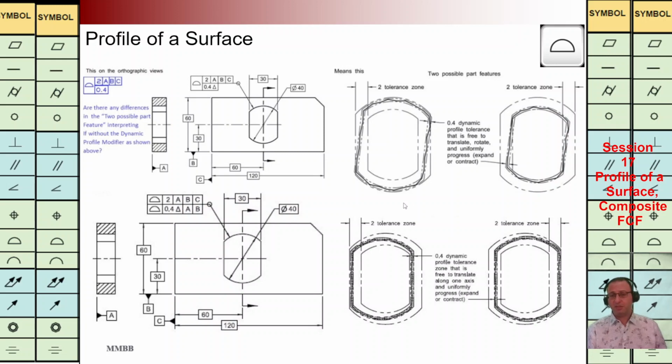And here, by comparing these two figures at the right-hand side, we can see when we don't have this A B here, it is free to rotate. But at the bottom, we can see we have reference planes A and B. It means it is not free to rotate. It is free to rotate in this interval when the tolerance is 0.4.